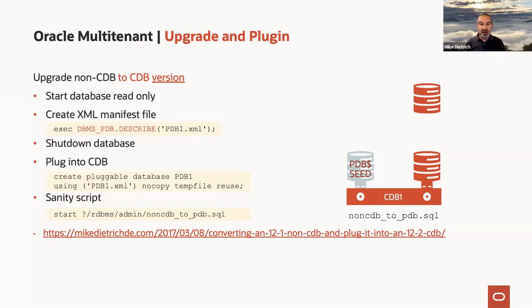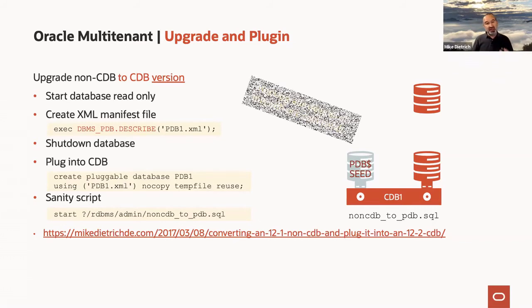And when you watch the output of it, it tells you what it does, and it does a hell of a lot of things because it really goes deep down in the dictionary. Just think of your PDB had a dictionary, and now it still keeps its dictionary, but a lot of things will be removed and exchanged with metadata links because the root container has the major dictionary and the PDB has just now a leftover dictionary, I would call it, with still some things left.